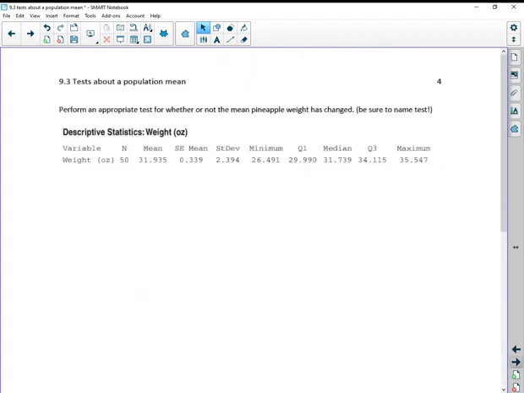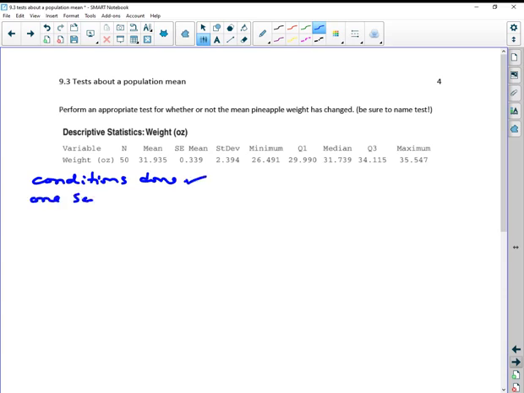So here's our same pineapple Minitab output. Now we're going to do it because the conditions are done. We know that we're doing a one sample t-test for means.